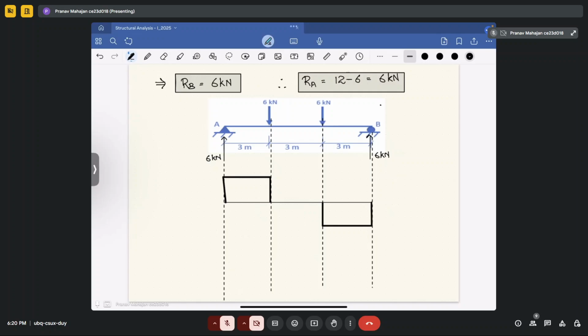So you got your shear force diagram in this case. In this, you can write the upward point to be positive and downward to be negative. Okay, so this is your shear force diagram.